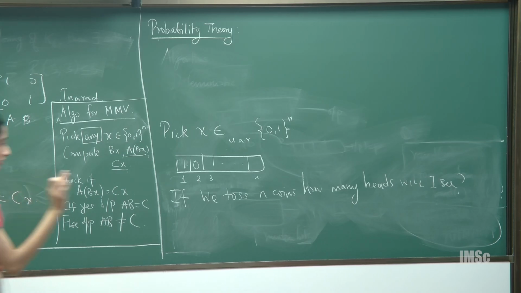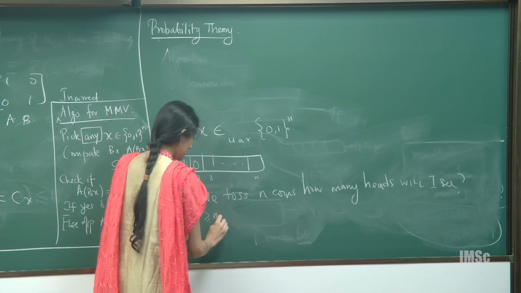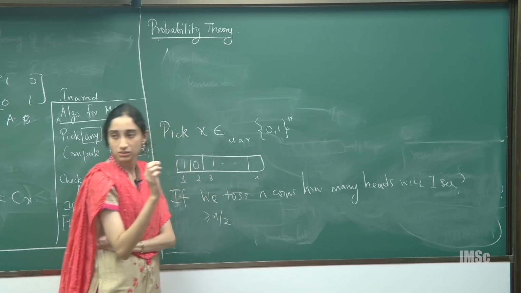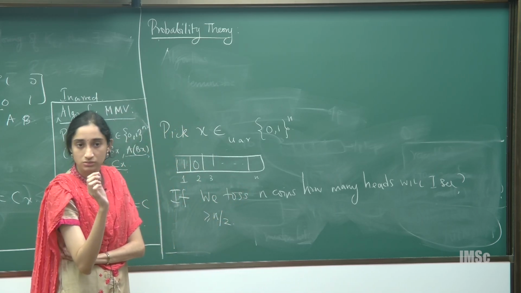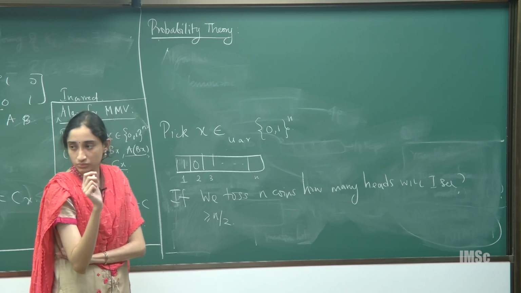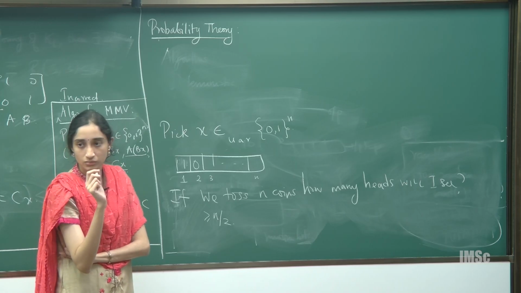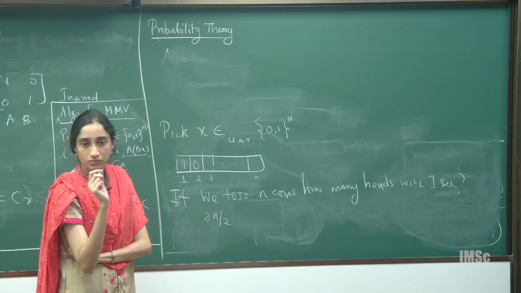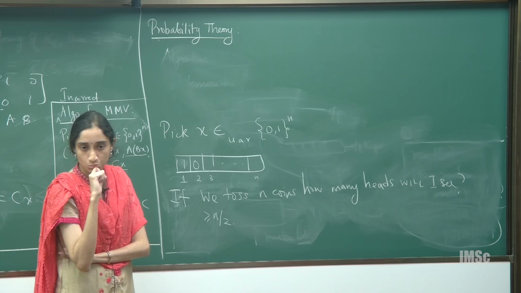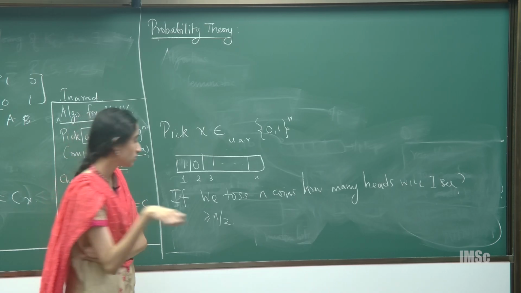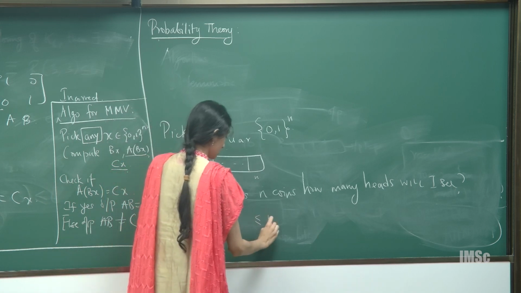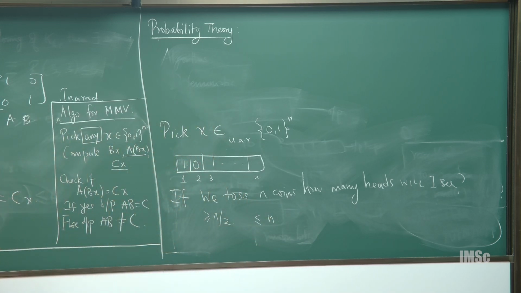So there are many answers, so I am going to record each of them. At least n by 2, okay? At most n heads you are saying, okay, so this is a lower bound, this is an upper bound.